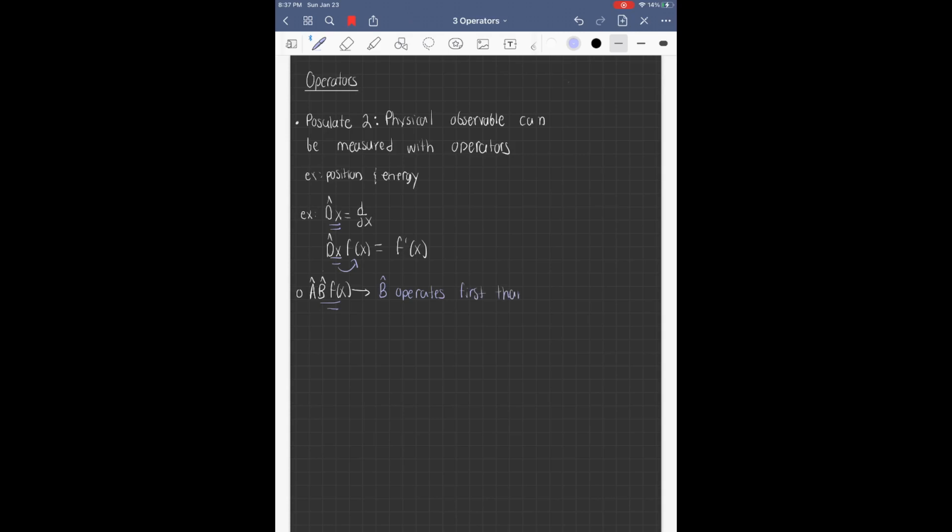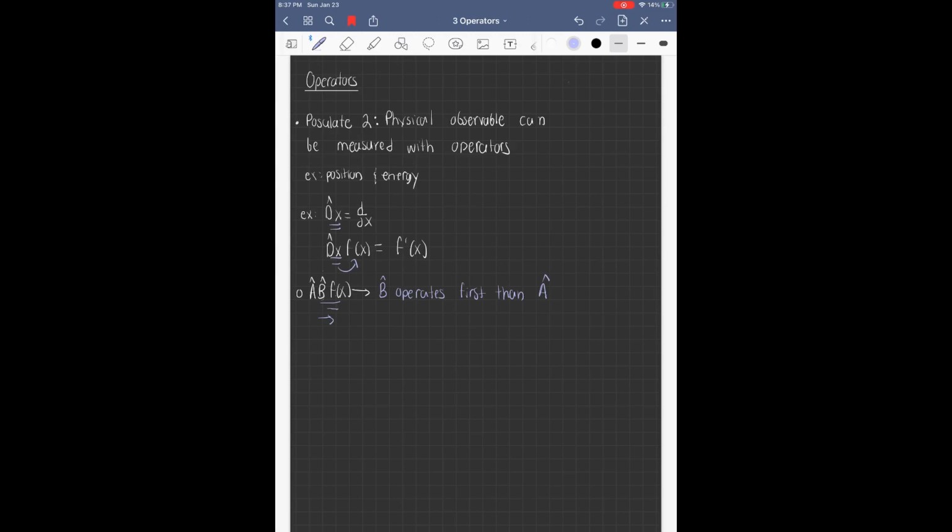Then A. So the operator to the most right will operate first, or basically the operator that's closest to the function operates sooner.